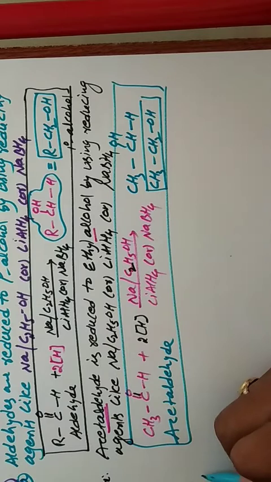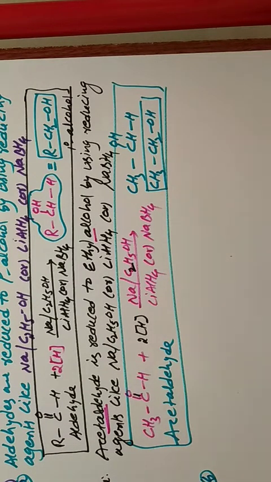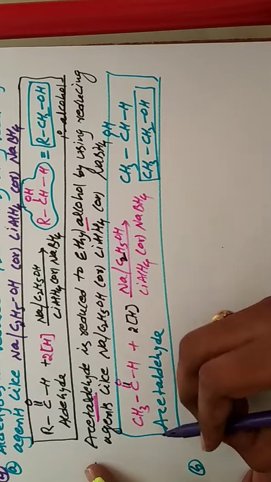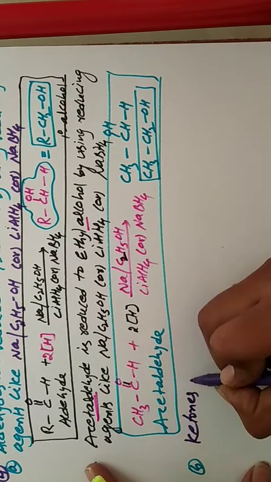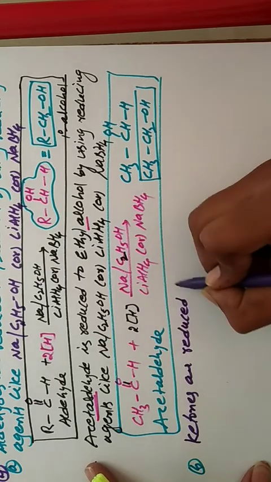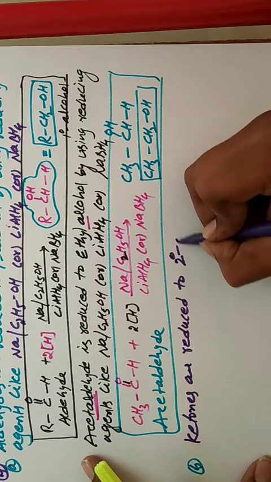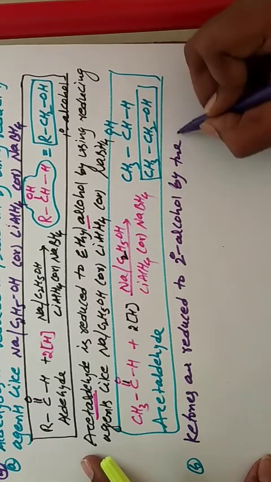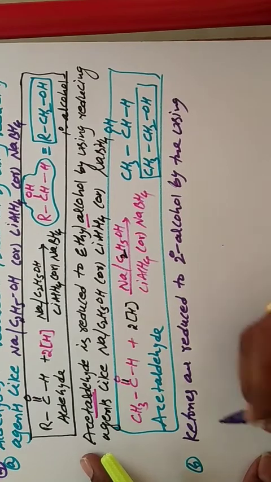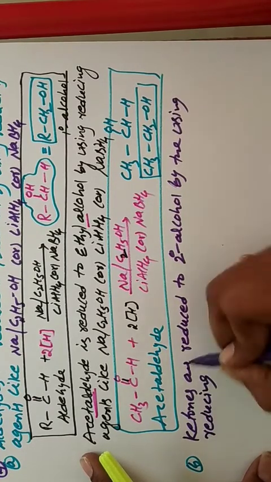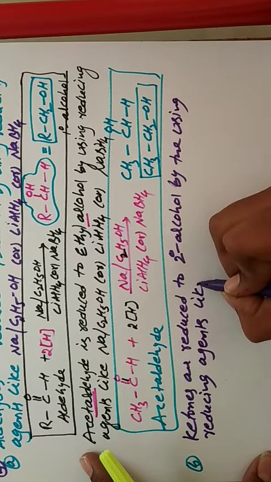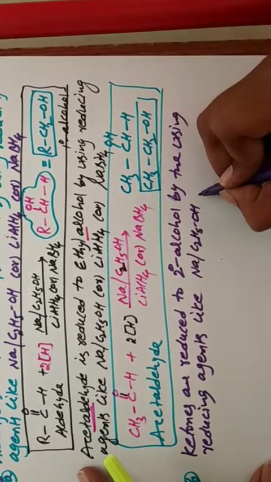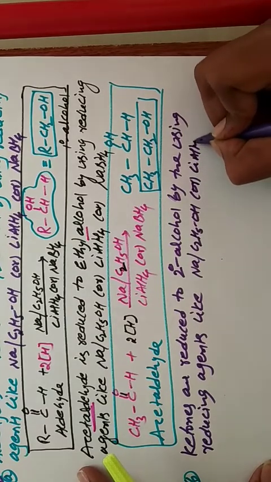So what is that one? Now we discuss ketones. The general statement: ketones are reduced to secondary alcohol by using the same reducing agents like sodium and ethyl alcohol, or LiAlH4, or NaBH4.